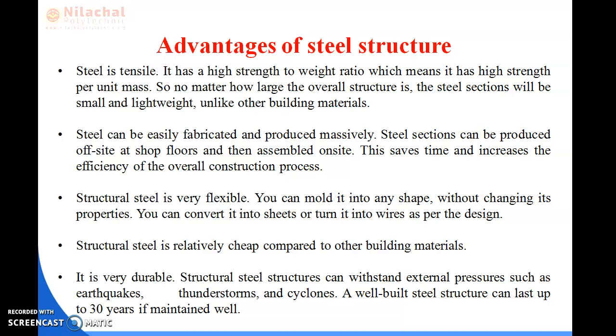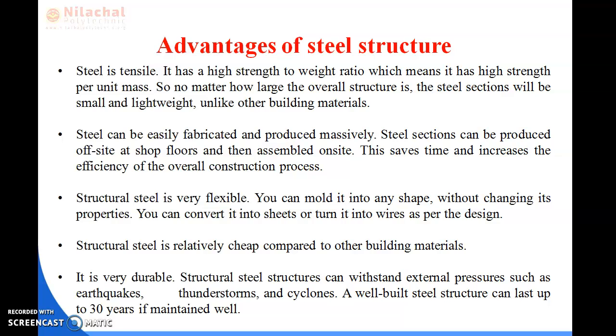Next, steel can be easily fabricated and produced massively. Steel sections can be produced offsite at shop floors and then assembled on site. This saves time and increases the efficiency of the overall construction process. As I told before, these steel sections are easily available in the mill.